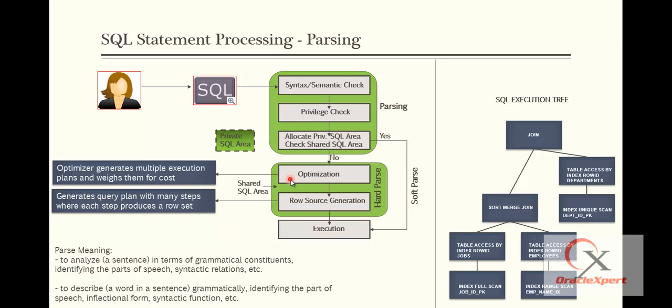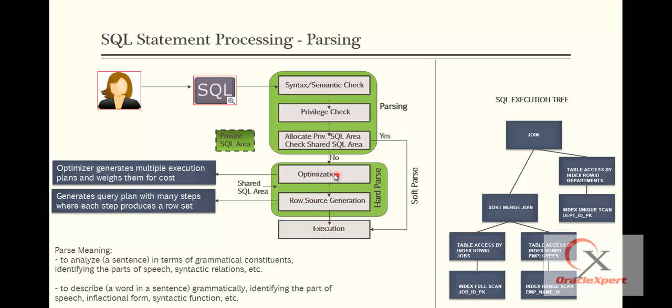So understand one more time in short. The moment my girlfriend submitted the SQL statement, the Oracle instance computed a hash value. This hash value is very unique depending upon the verbatim statement that was submitted. Oracle performs syntax, semantic checks as part of the parsing phase. It checks whether necessary privileges are available. It allocates private SQL area.